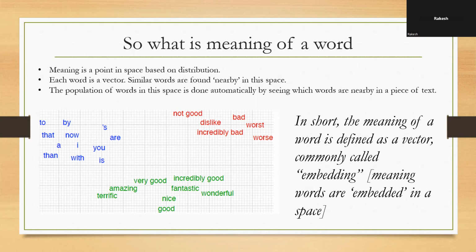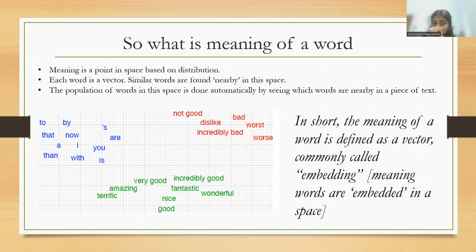Positives are in one dimension and negatives are in another dimension. Let's make it simpler. What inference can you make with these words populated in 2 dimensions?